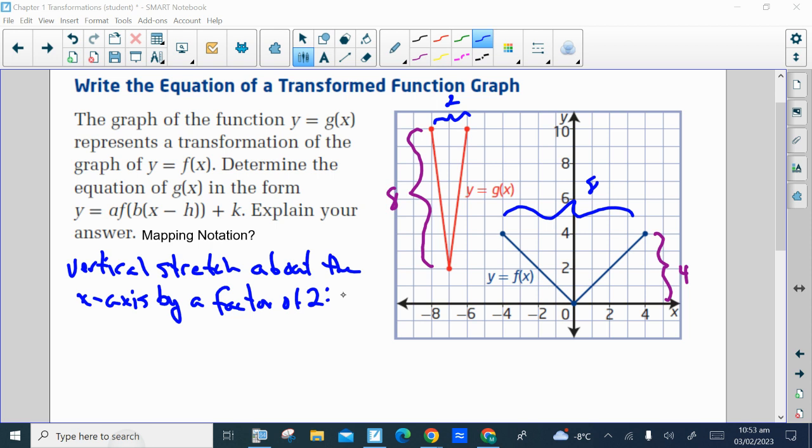So a equals 2. We have a vertical stretch by a factor of 2. That means that a equals 2.